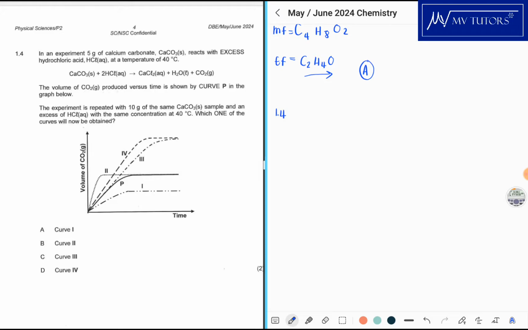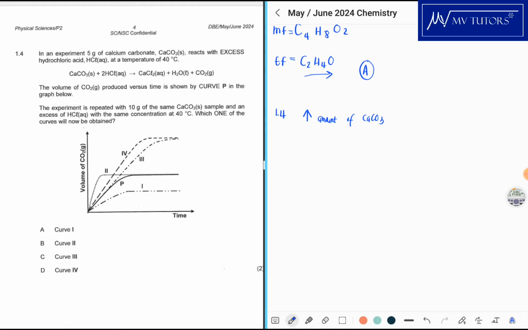Now, the volume of carbon dioxide produced versus time is shown by curve P. The experiment is repeated with 10 grams of the same calcium carbonate. So now we have increased the amount of calcium carbonate. What does that tell us if we increase the amount? Okay, but let's continue reading.